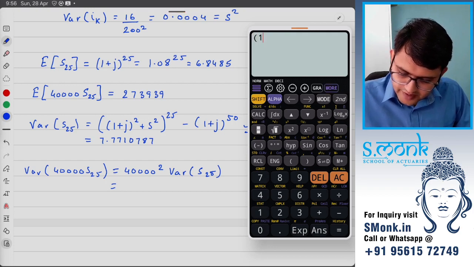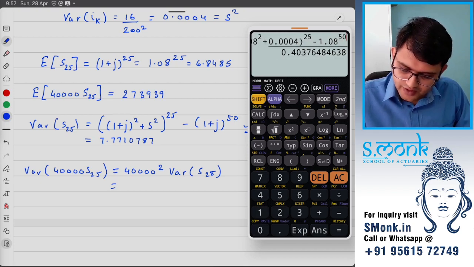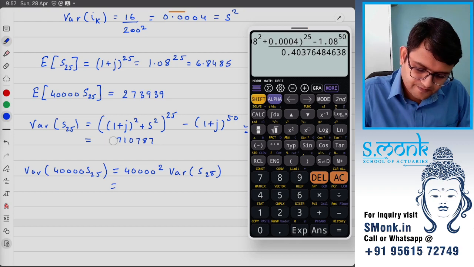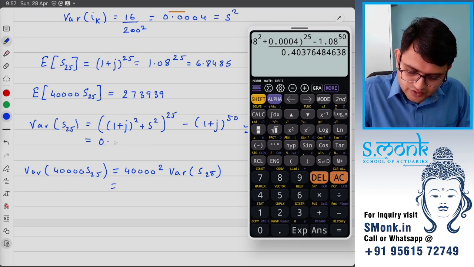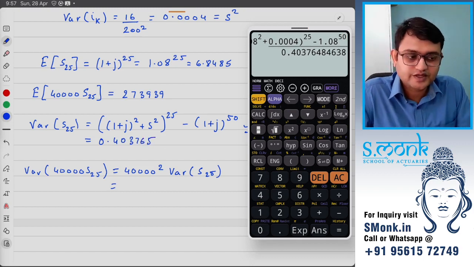So bracket, I'll have 1.08 raised to 2, then plus 0.0004 bracket close, then raised to 25, and minus 1.08 raised to 50. Yep. So 0.403765. This is what the variance is.